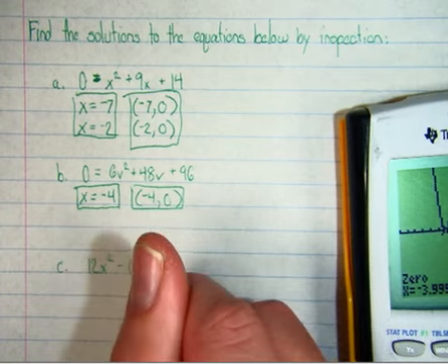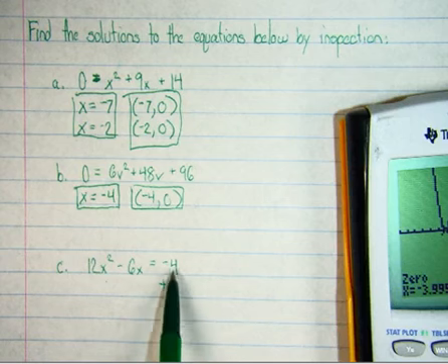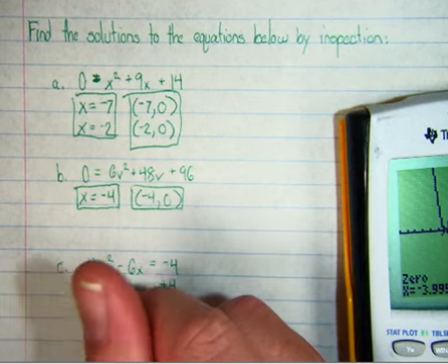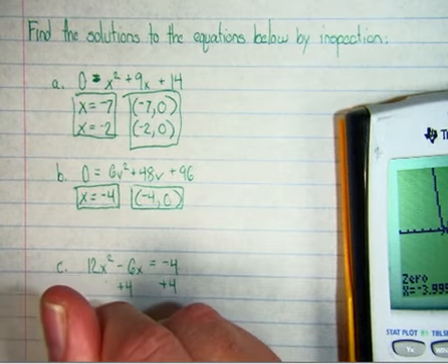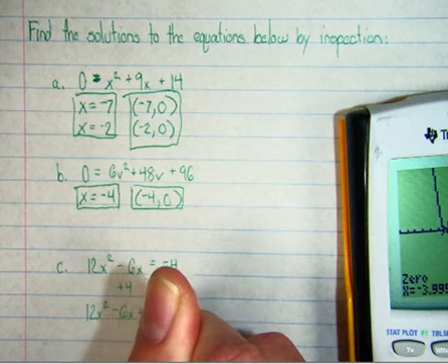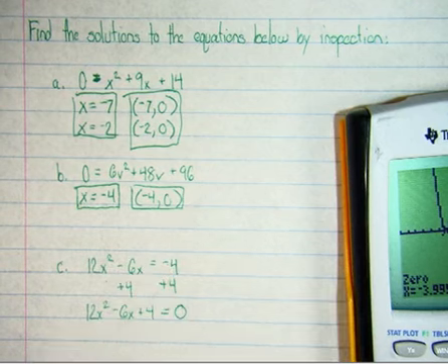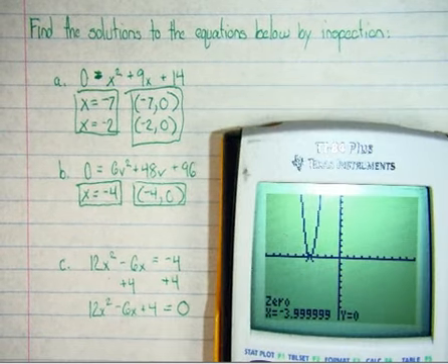So to get rid of that -4, what I'm going to do is add 4 on that side. That will add together to give me 0. But if I did it on one side, I have to do it on the other. So this leaves me with 12x squared minus 6x plus 4 equals 0. Now I'm ready to throw that in my calculator and see what happens.